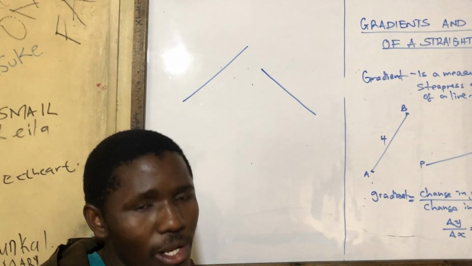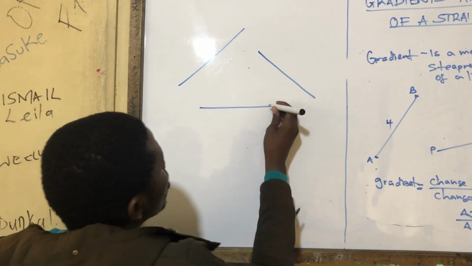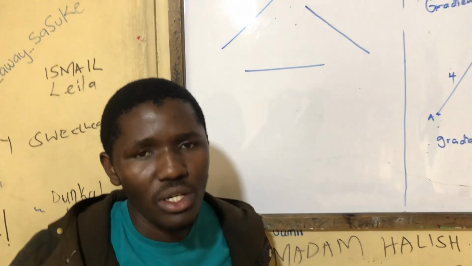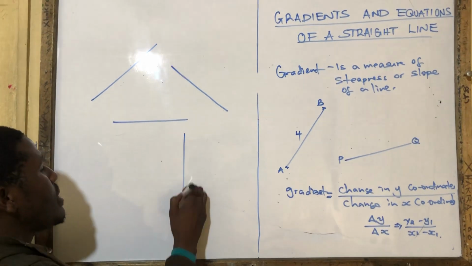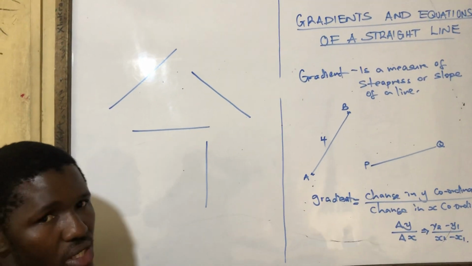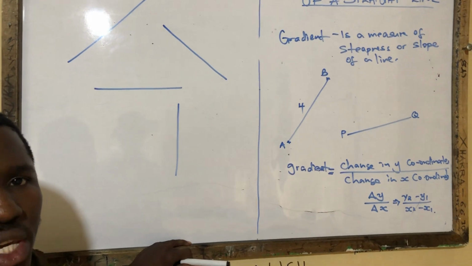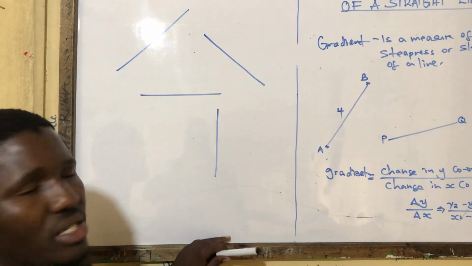Whenever gradient is 0, it implies that this line is horizontal, or parallel to the x-axis. As for vertical lines, their gradients will always be infinite. So each of those 4 gradients communicate something special in mathematics.